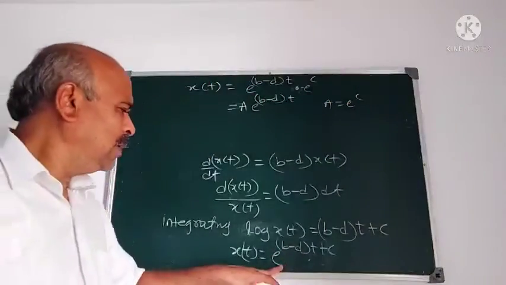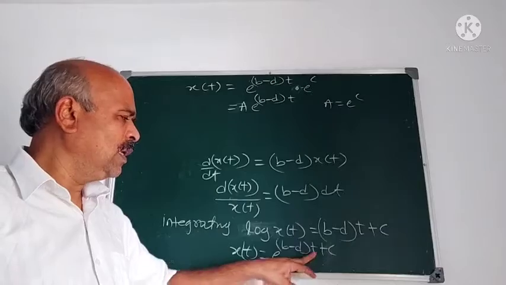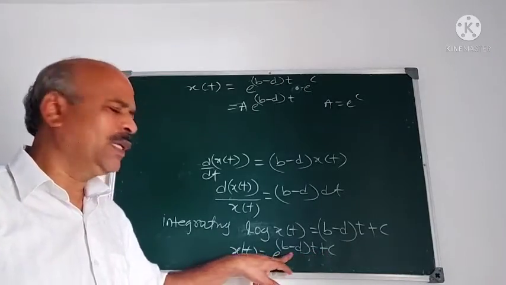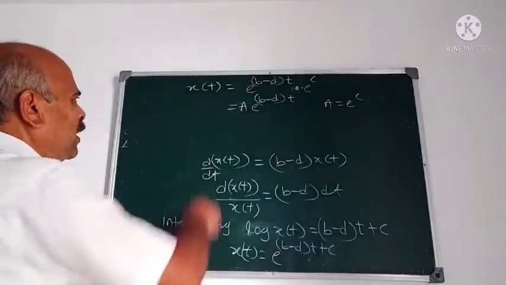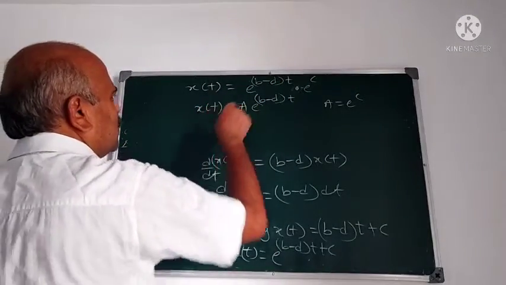On the right hand side, e raised to (b minus d) into t plus c, exponent it is. Therefore e raised to (b minus d) t into e raised to c, and e raised to c is taken as a. Now x(t) is therefore given by this.